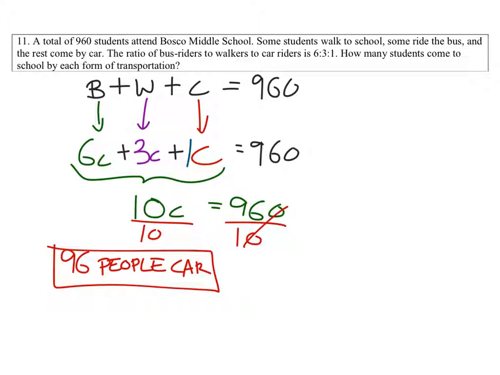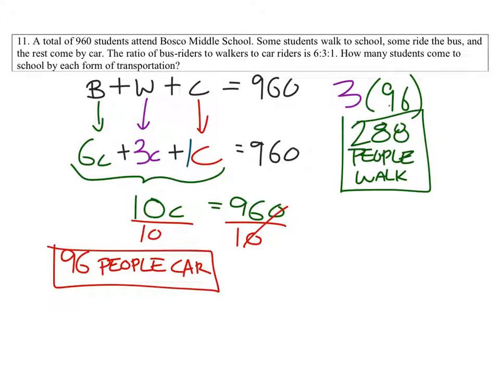Well, that's just cars. Up in here, we can see that 3 times the number of car people walk, and the car people is 96. So we'll just replace that with 96 right here. 3 times 96, 288. So 288 people walk.